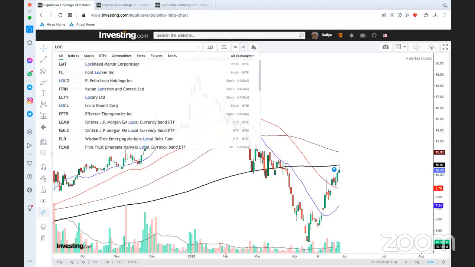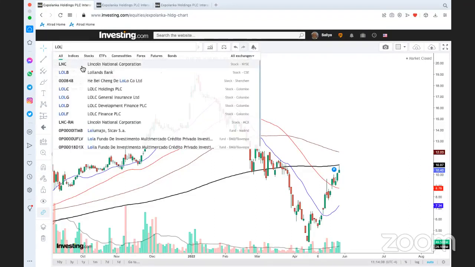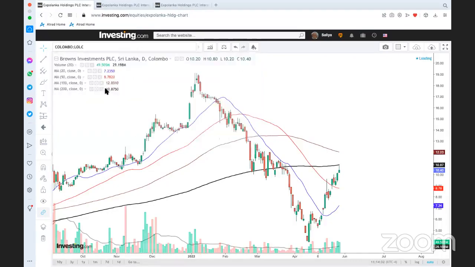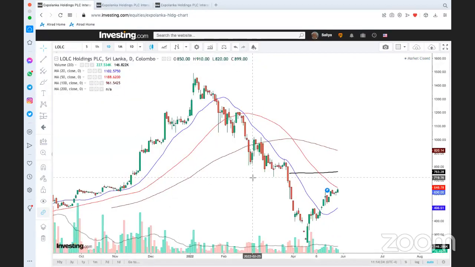LOLC is also frequently traded these days, and there again, as I mentioned, you can minimize and take it forward, but at the moment, since the prices haven't gone up to that level, right, we have to stay along with this uptrend formation based on the prices.